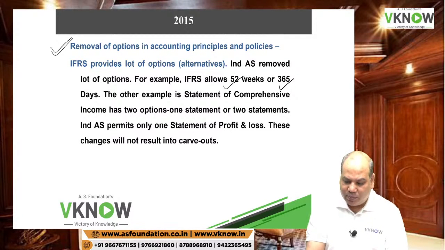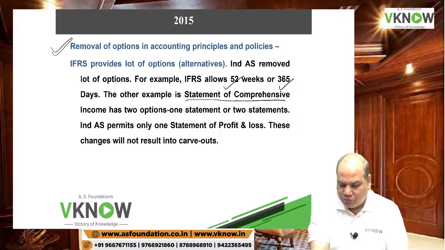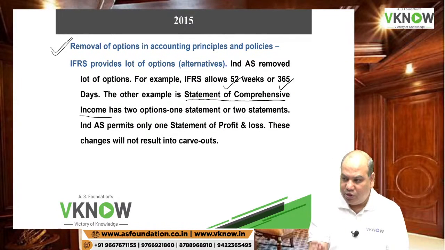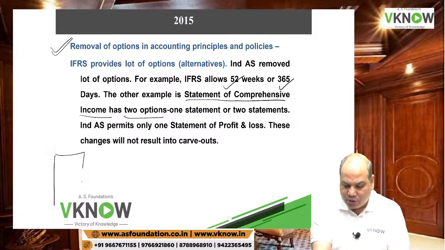The other example is that in IFRS, the statement of comprehensive income, which is what we call the statement of P&L account, has two options. One statement option which will have profit and loss and OCI, and two statement options.